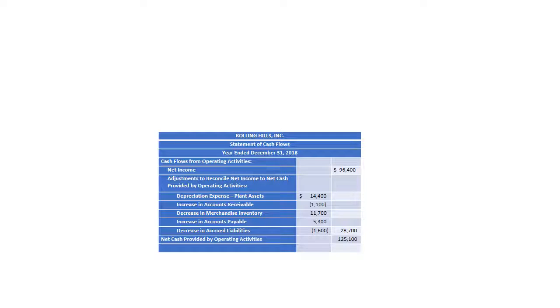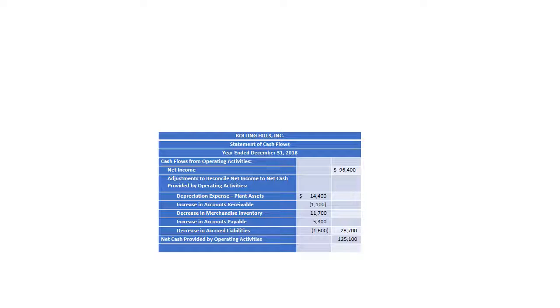We then add or subtract non-cash items, or items that are accounted for in the investing area, which we have none of those, but we do have depreciation expense. If we're converting net income to net cash flow, we should add that back. It should have never been subtracted if we're truly trying to determine cash, because depreciation expense has no cash element in it.